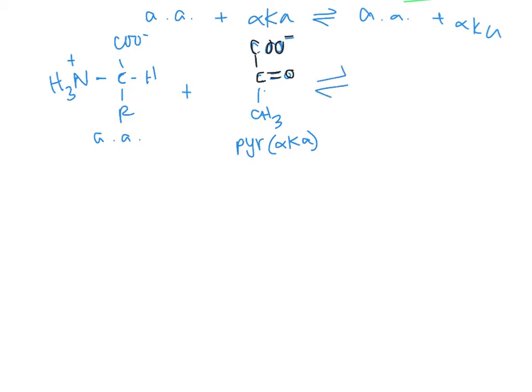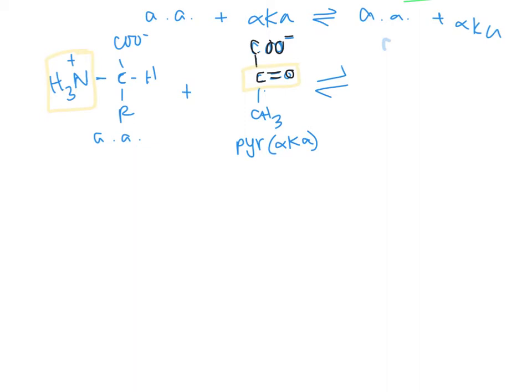And all that's going to happen is the nitrogen on the amino acid, this group right here, is going to essentially swap with the carbonyl to create a new amino acid and a new alpha-keto acid. When we do this, the alpha-keto acid is going to become the new amino acid. So I'm going to leave my COO minus at the top.